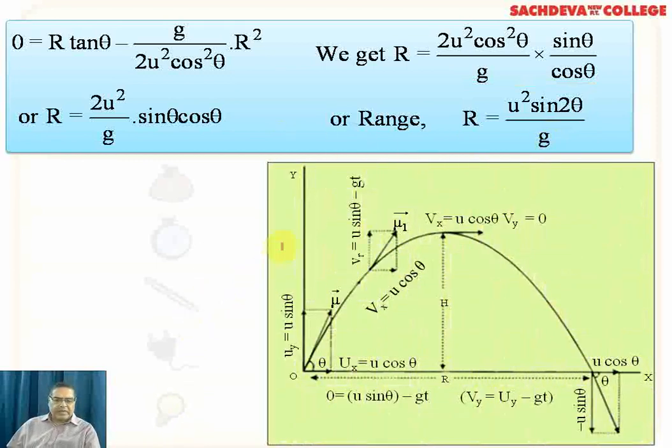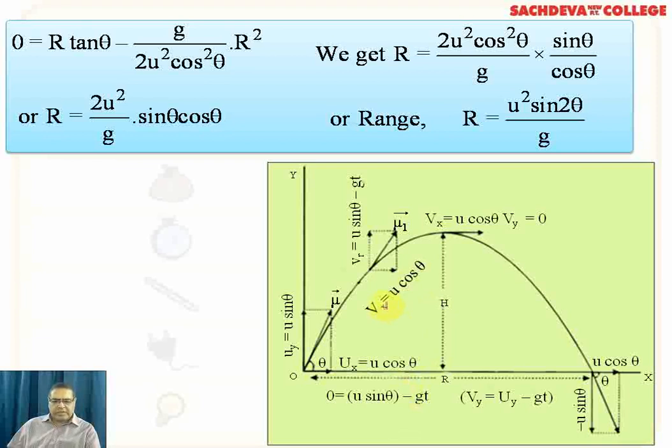Now, in the given figure, again, the point of projection is O, theta is the angle of projection, and the body which is projected is called the projectile. In between, two arrows are indicated, horizontal and vertical. They are the components of the velocity. Vx is u cos theta, that is the horizontal component, and Vy is u sin theta minus gt, that is the vertical component.